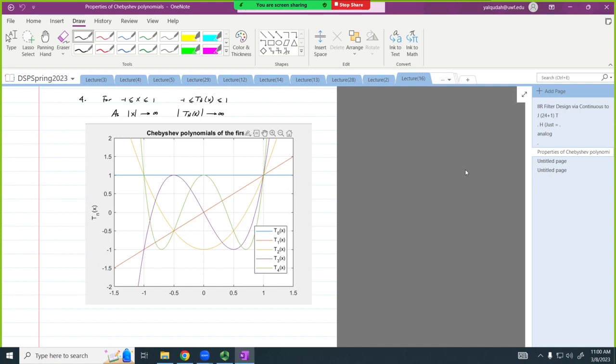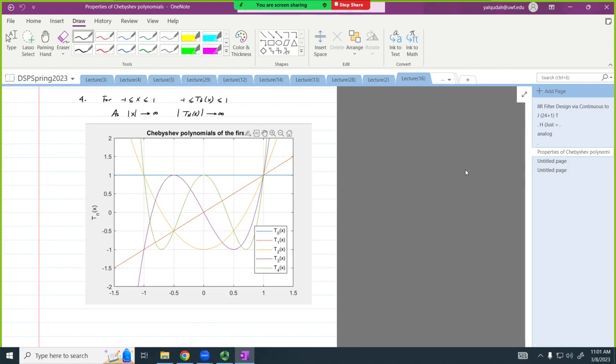Based on this graph, we're going to make a few observations. Although the graph does not extend beyond 1.5 and negative 0.5, you can see that between negative 1 and 1, all these functions are restricted to small values. And after 1 and negative 1, the curves go up and have much higher values.